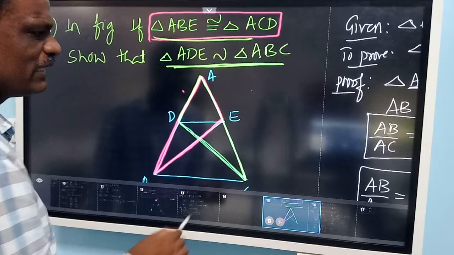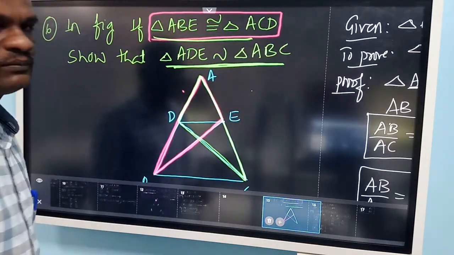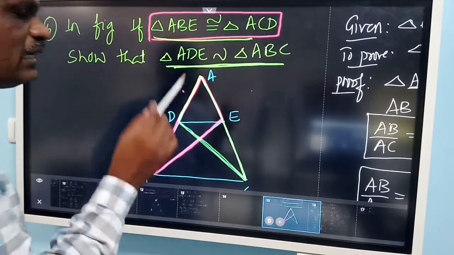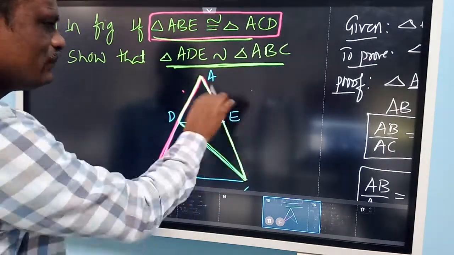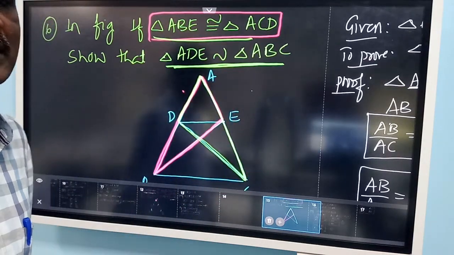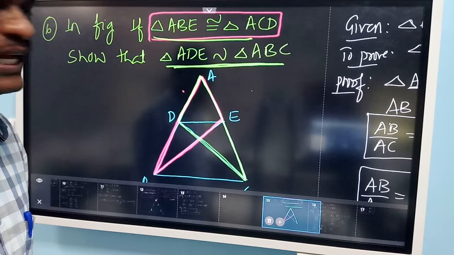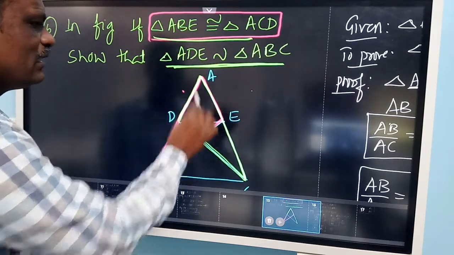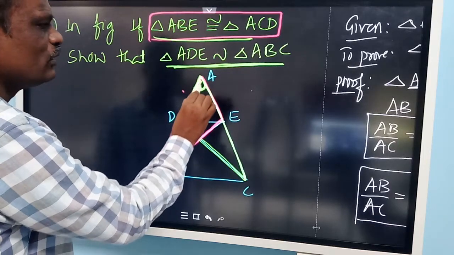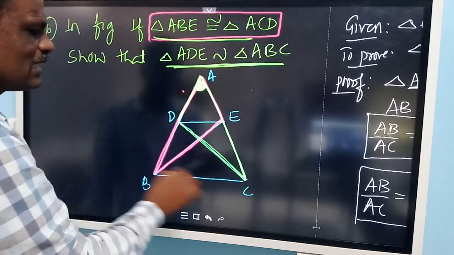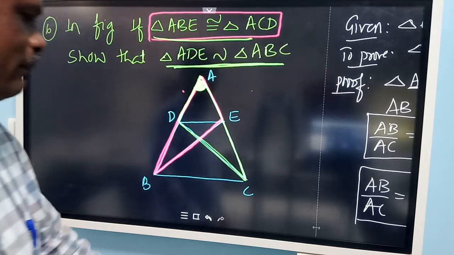Similarly, AC is the side of the bigger triangle, AE is the side of the smaller triangle. We got two sides proportional. One angle you have to show, which must be an included angle. AB by AD, AC by AE, and this angle, which is common in both the triangles. Angle A is common in ADE as well as ABC.